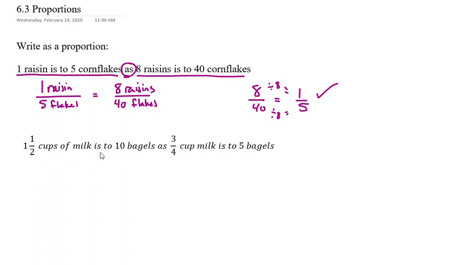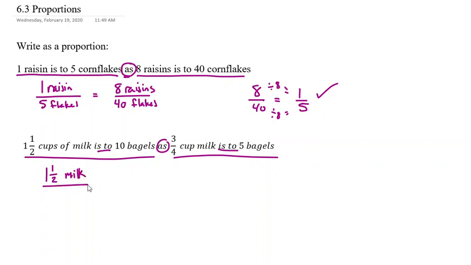1.5 cups of milk is to 10 bagels as 3/4 cup of milk is to 5 bagels. So there's our two ratios. 1.5 milk to 10 bagels equals 3/4 milk to 5 bagels.